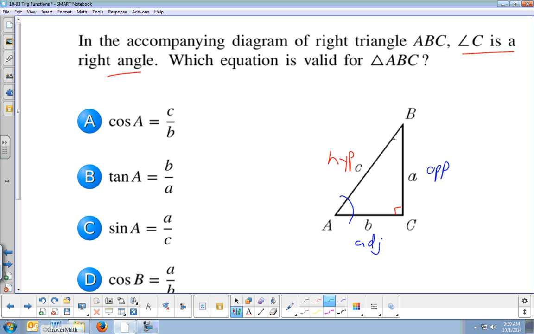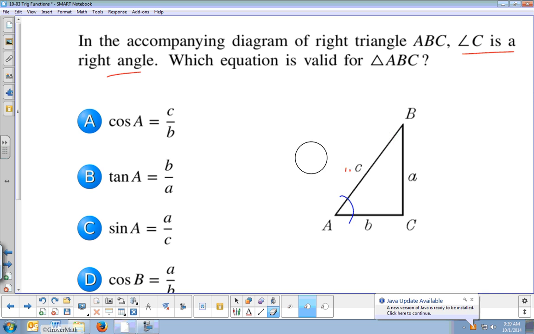Now, if I switch my focus to angle B, then this side B becomes the opposite side, and angle A over here is the adjacent side. So opposite and adjacent flip-flop when you flip-flop between the two acute complementary angles over here. And that actually is part of a concept called cofunctions, which we will get more into another time.